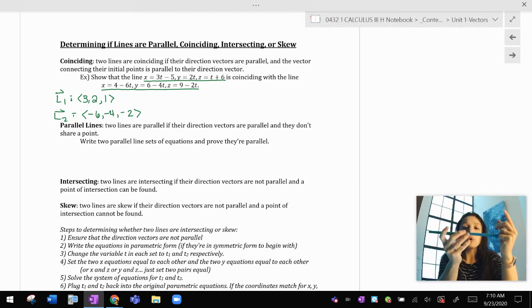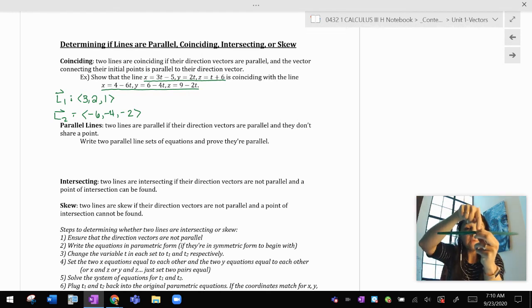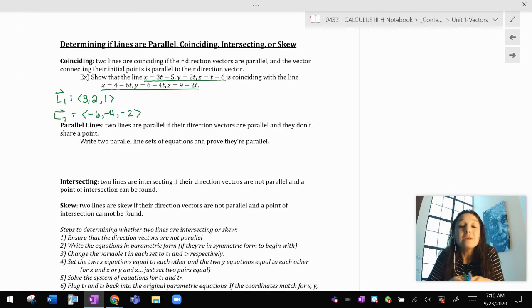However, if blue and green are coinciding, if I find this initial point for blue and this initial point for green and connect those, that vector points in the same direction as the line itself.